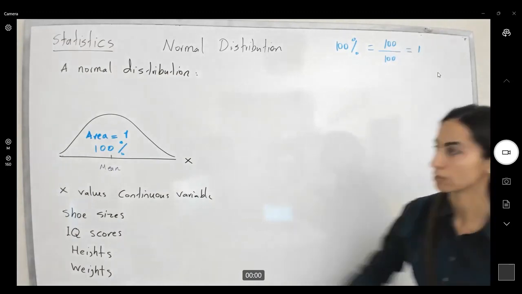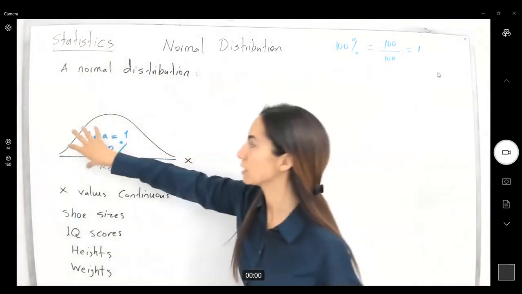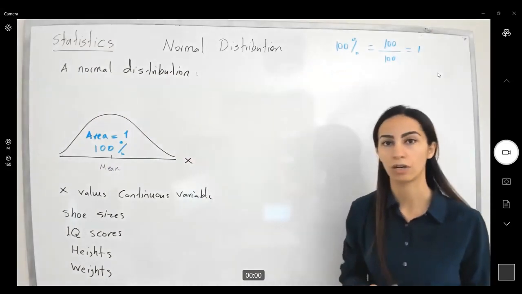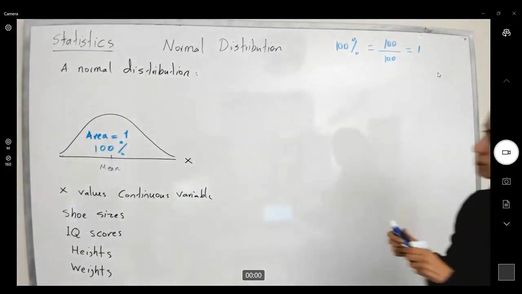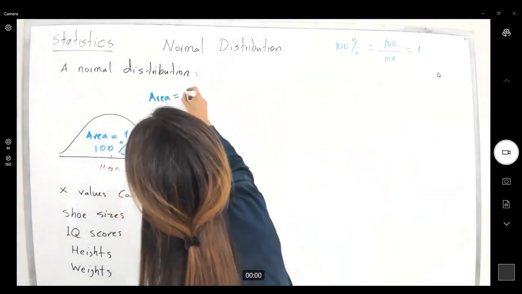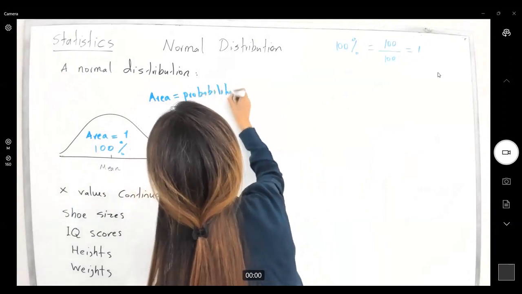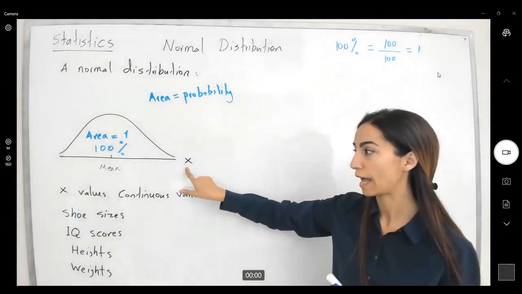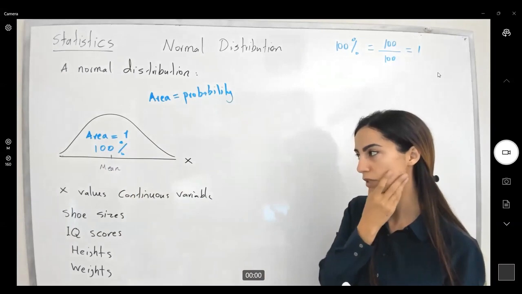So when you're talking about 1, you're talking about 100%. This area is equivalent to the probability. So when you're talking about the area, you're talking about the probability. Again, remember that we are using the actual value like X.